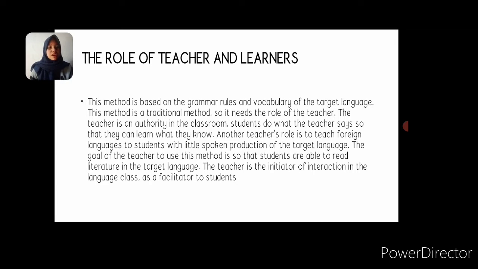Another teacher role is to teach foreign language to students with little spoken production of the target language. The goal of the teacher to use this method is so that students are able to read literature in the target language. The teacher is the initiator of interaction in the language class as the facilitator to students.